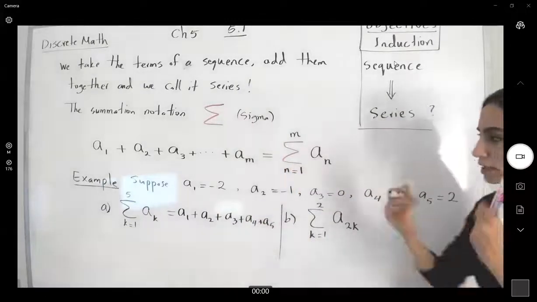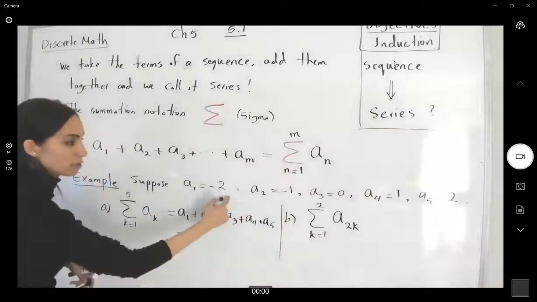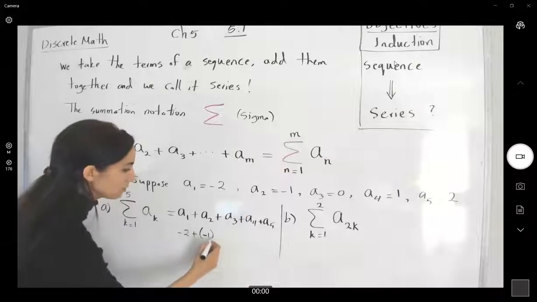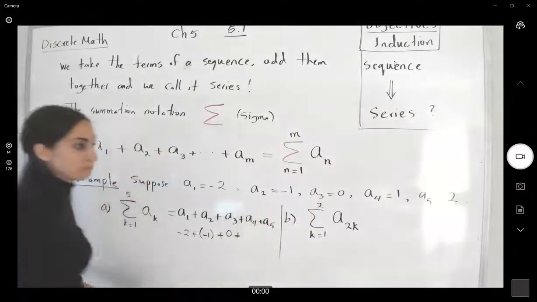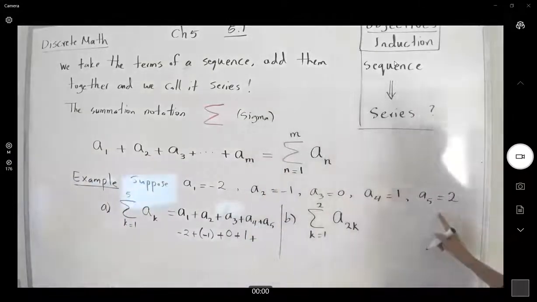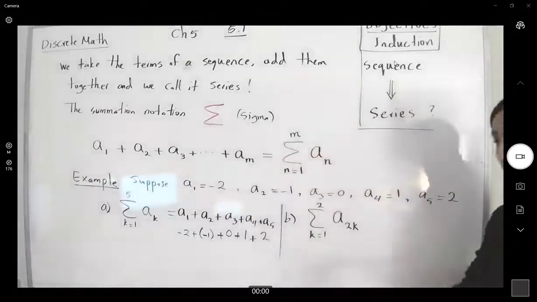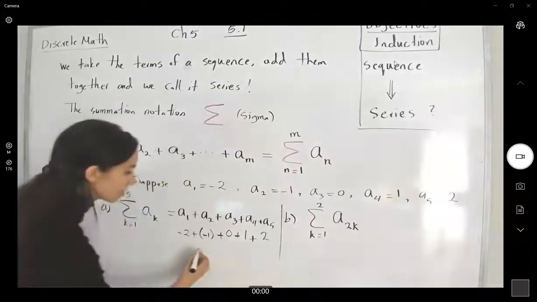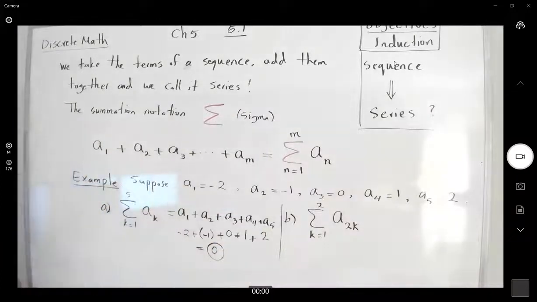So what is A sub 1? Minus 2. A sub 2 is minus 1. A sub 3 is 0. A sub 4 is 1. And A sub 5 is 2. By adding all of these together, you see the result is equal to 0. Perfect.